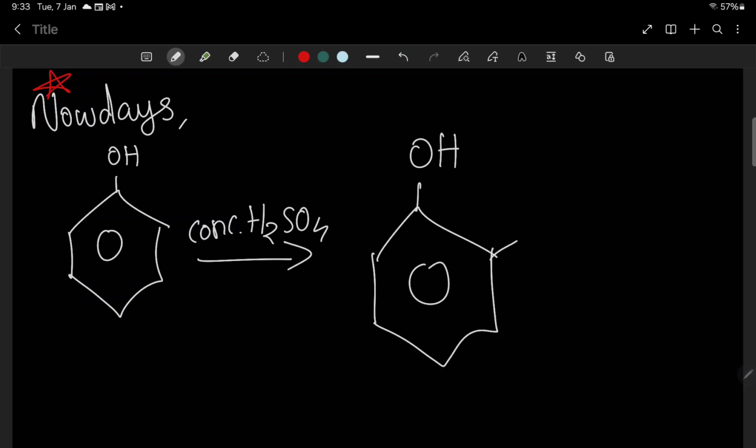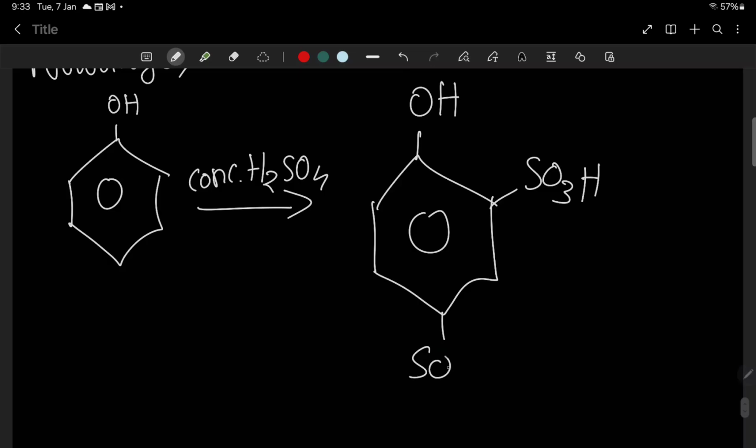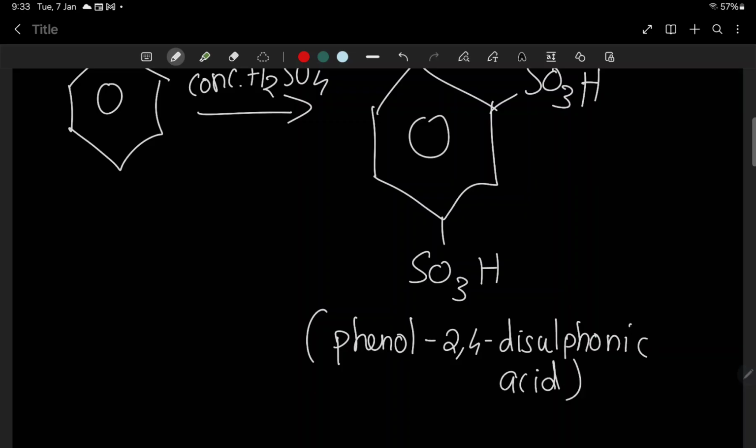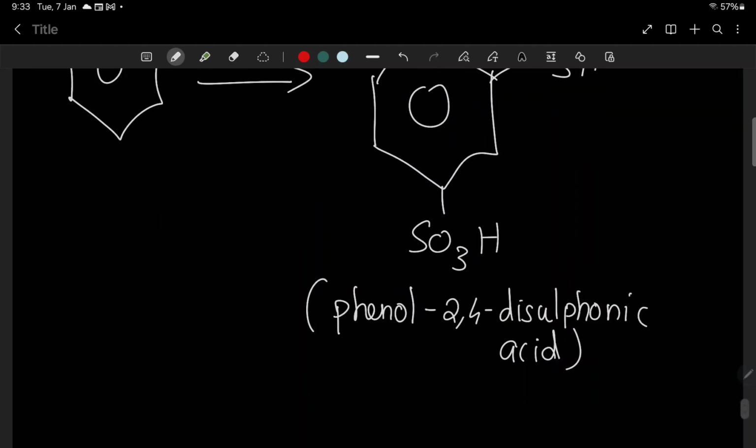SO3H at 2 and 4 only, nothing is there at 6. The name of the compound is phenol 2,4-disulfonic acid. That's very important. This compound is taken and reacted with concentrated nitric acid.